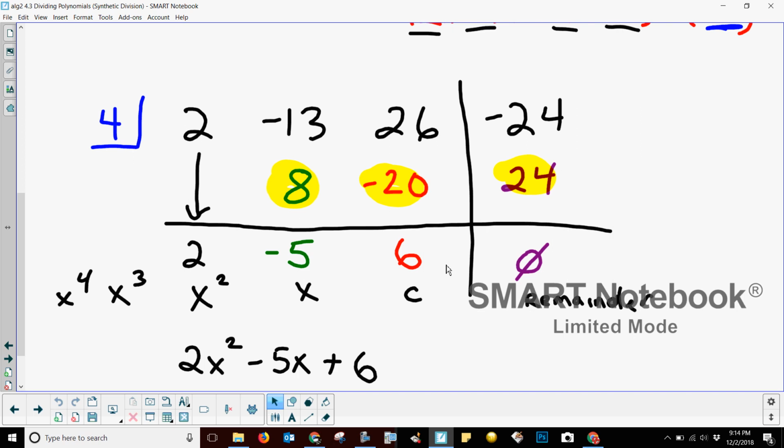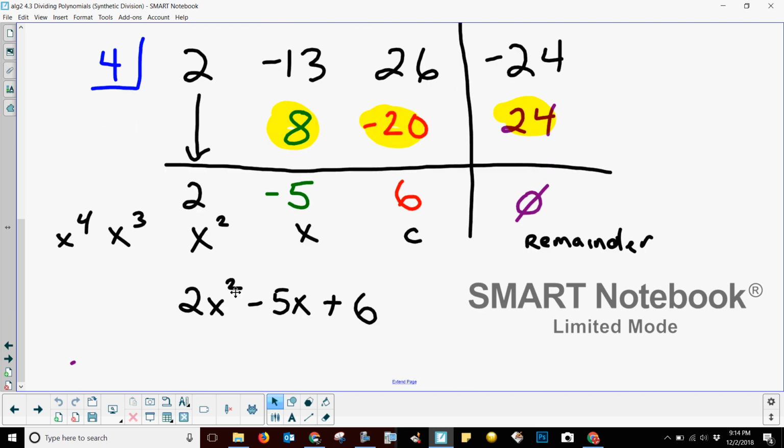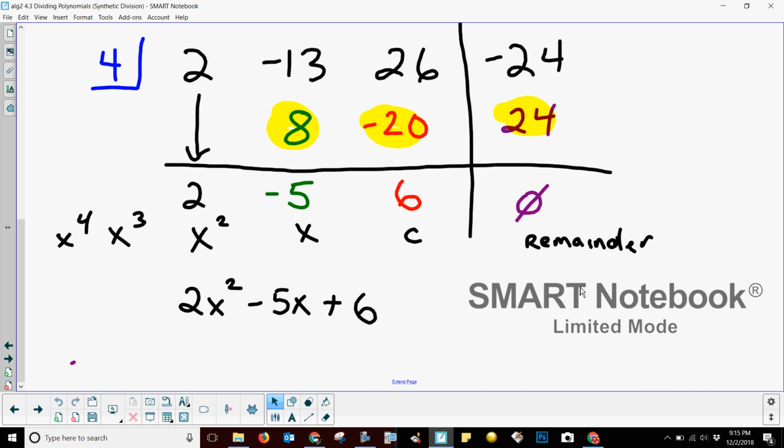And then we just work our way up from constant, x, x squared, x to the third, x to the fourth, x to the fifth, and so on until we run out of spots. So basically, we started with x to the third. We ended with x squared because we took out an x. So each of these exponents should be one smaller. Well, how do you get one smaller than a constant? That's why it's the remainder.